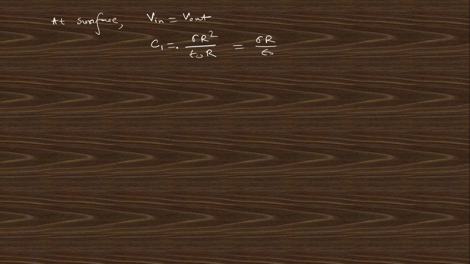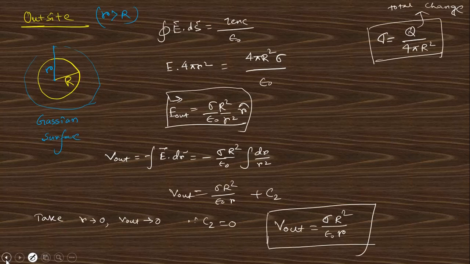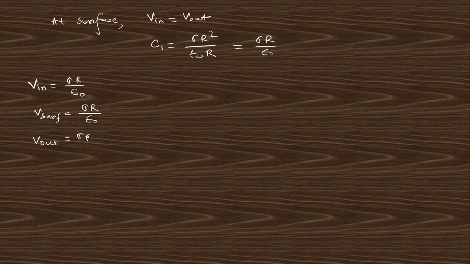This is the V1. So finally we can write V in equals sigma R by epsilon naught. V surface is the same with this value, and V out is nothing but sigma R square by epsilon naught r.